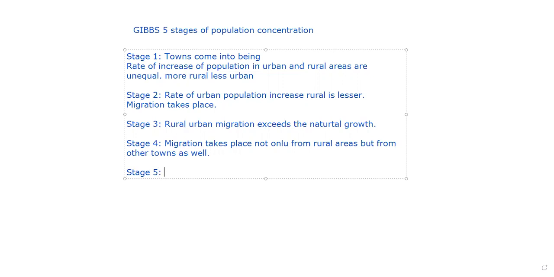Then stage number 5: development of a huge urban center.